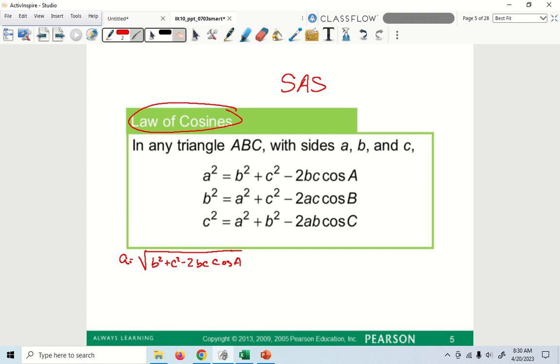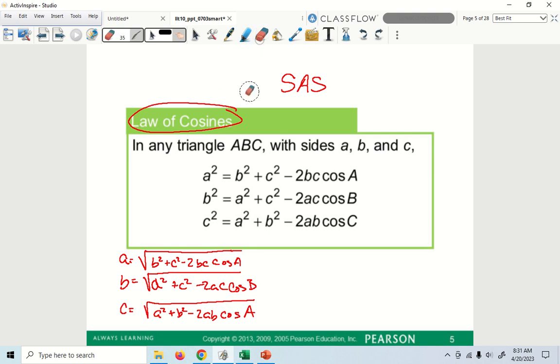So therefore, if I was going to keep doing this, B would equal the square root of A squared plus C squared minus 2AC cosine of big B. C is equal to the square root of A squared plus B squared minus 2AB cosine of big A. No, it should be big C. Why did I say A?